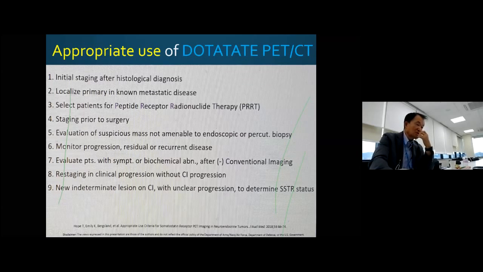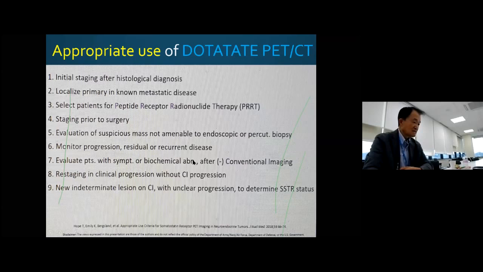In the literature, the indications are initial staging, localization, and selection of patients for peptide receptor radionuclide therapy, PRRT, or prior to surgery for staging, and for biopsy, or monitoring recurrence or metastasis progression.